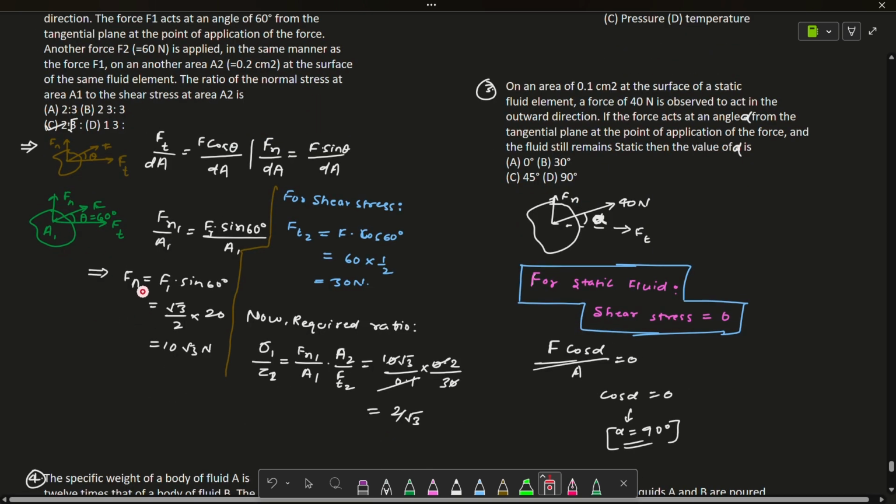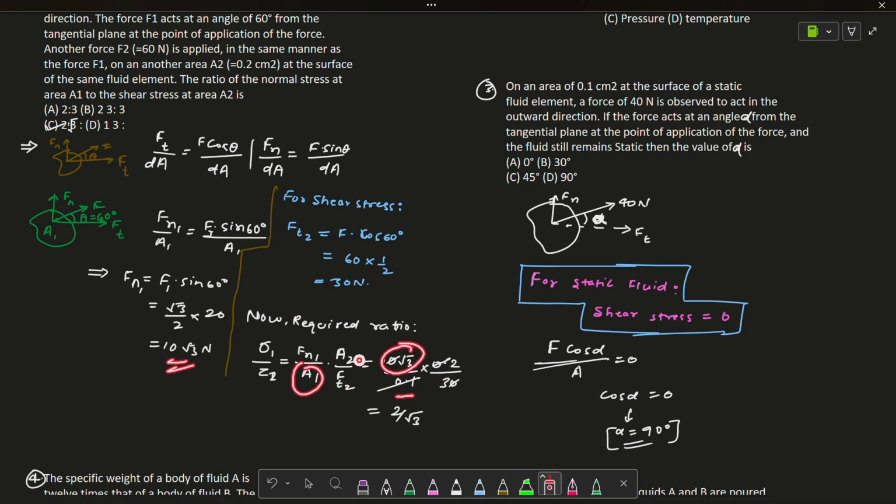For F1 we found that 10 root 3 is the value. Area A1 is 0.1, and A2 is 0.2, and Ft2 is 30 Newton. So 10 root 3 is 30, and root 3 times 3 is root 3. The answer would come 2 by root 3, so option C is correct.